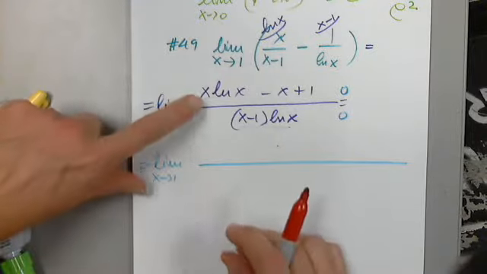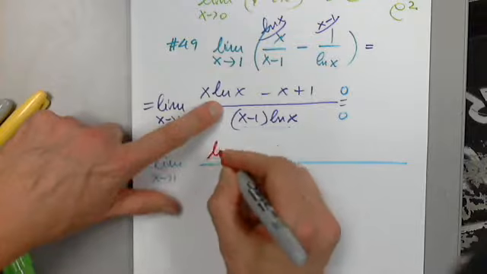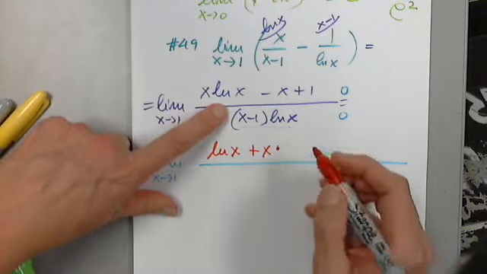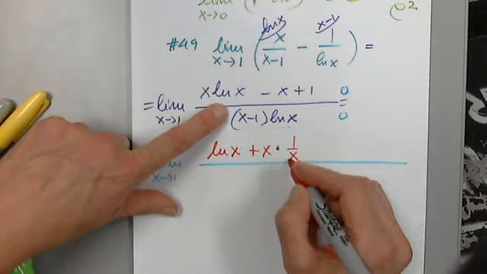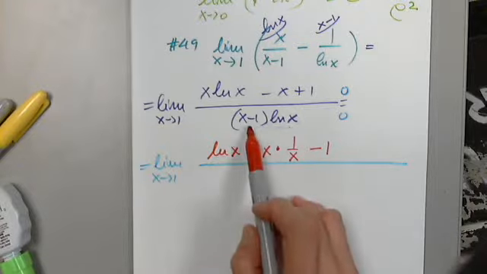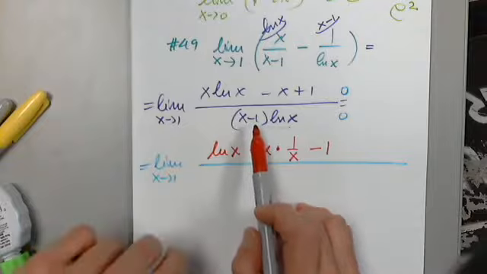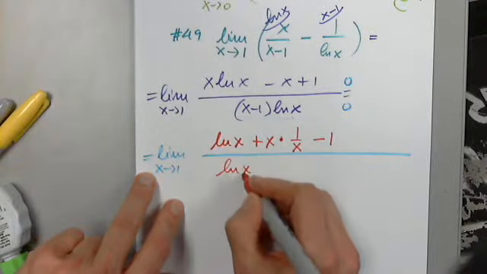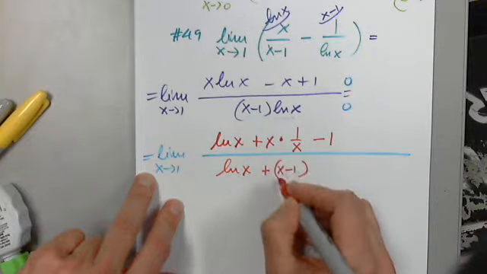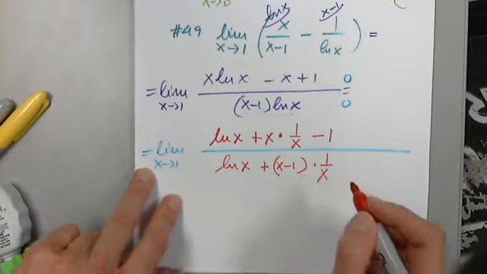Okay, so the numerator prime is 1 times natural log x plus x times natural log prime, which is 1 over x, and then minus 1. Now the denominator prime, first one, is 1 times natural log x plus x minus 1 multiplied by 1 over x.